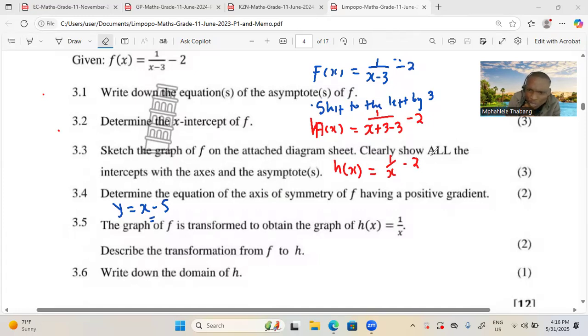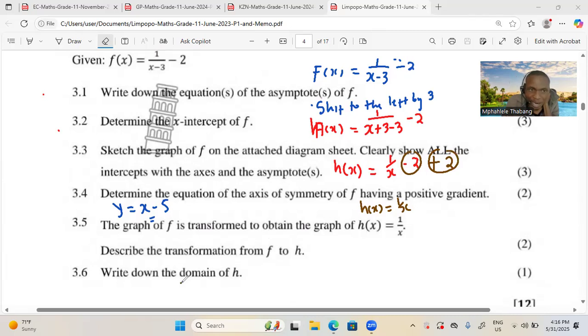So you add 2, you are going up. Minus 2 plus 2 becomes 0. You are left with 1 over x. So h of x is 1 over x. So what actually happened? We shifted to the left by 3 units and we shifted upward by 2 units.